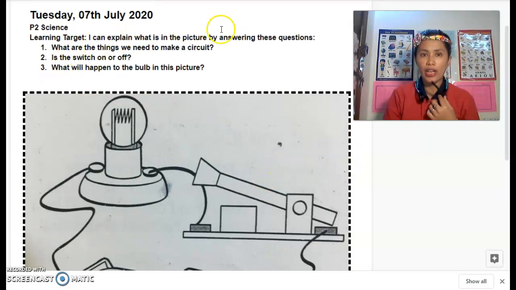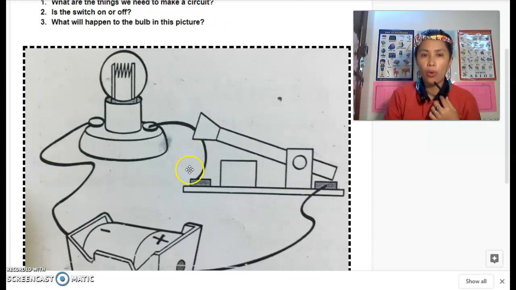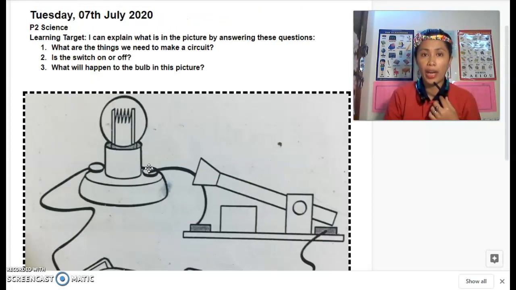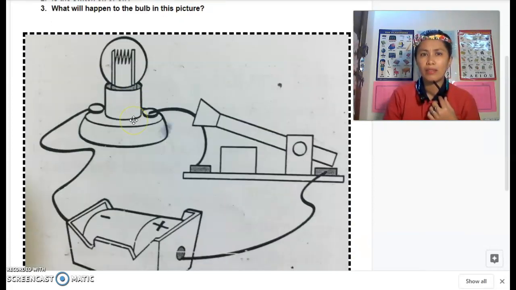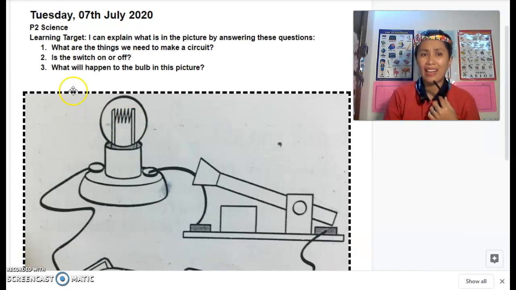Okay, so now let's try to answer. Oh no, we just answered question number 1. Here again, during your explanation, some of you just answered the questions and did not really write it in paragraph form. Writing in paragraph form is practice for you to speak or write down a summary about these 3 questions.